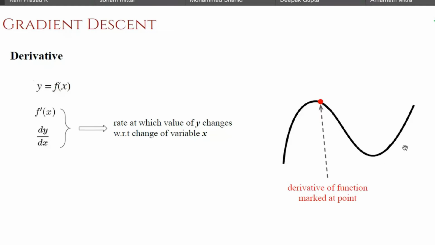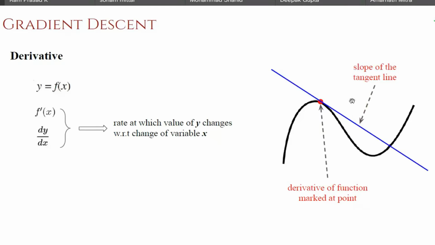Mathematically, how we derive is we take a tangent at that point, and the slope of that tangent essentially describes the derivative at that point of the curve. So this is the mathematical part from calculus.